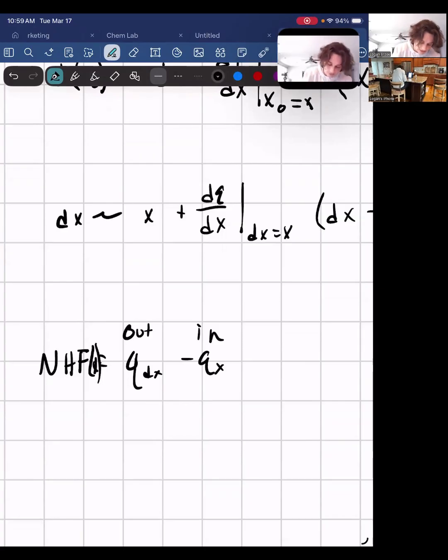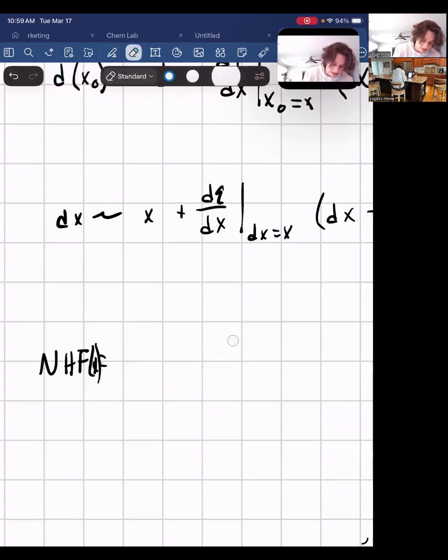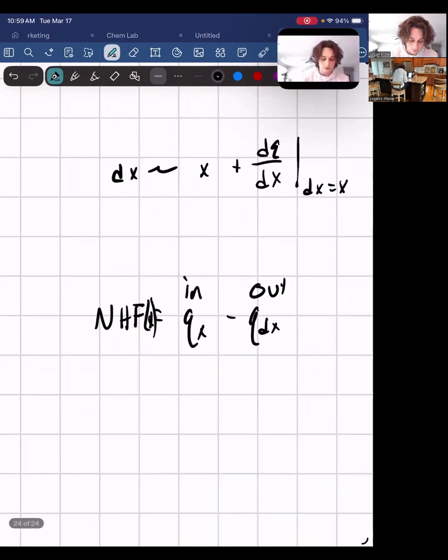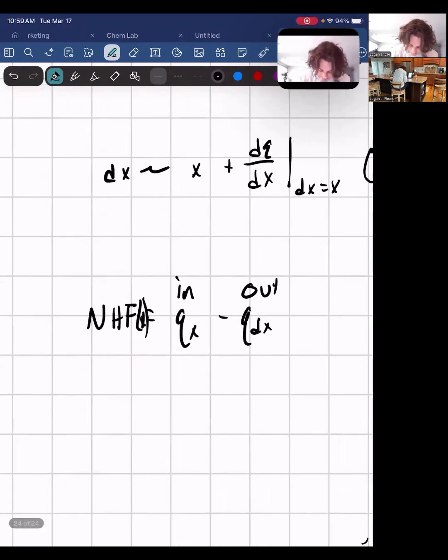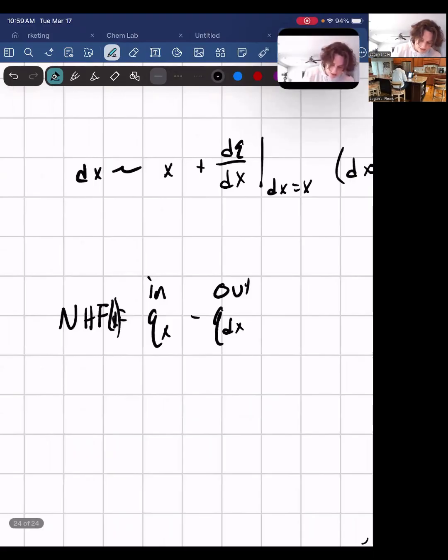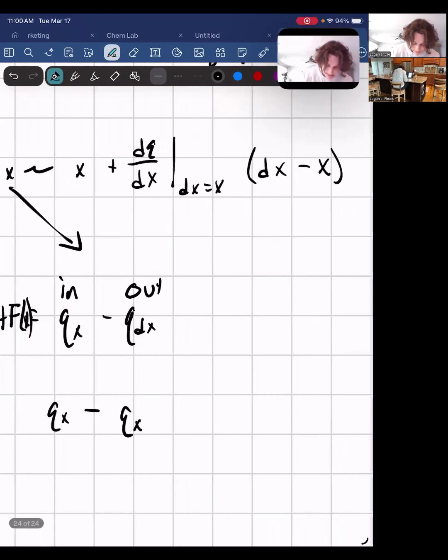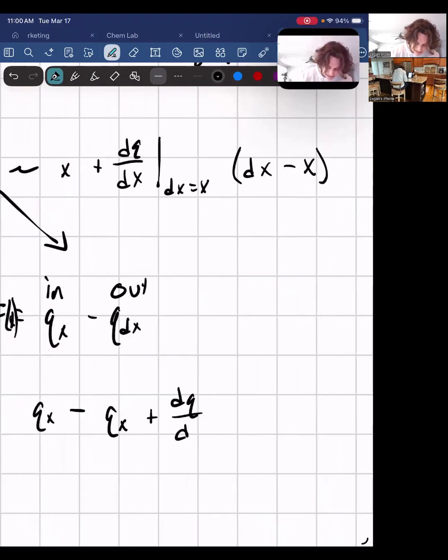Nope, this is actually incorrect. It is q_x minus q at x plus dx, and it's in minus out, right? And so when we plug this in, right, we have our q_x minus, and then we can plug this in. So it will be q_x plus dq/dx evaluated from one spot to the other.